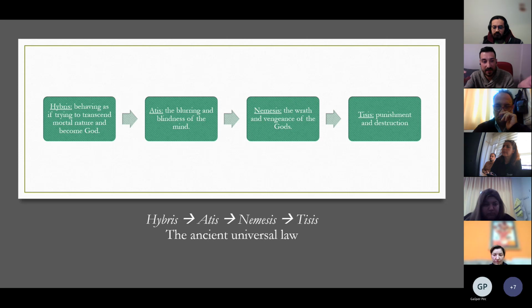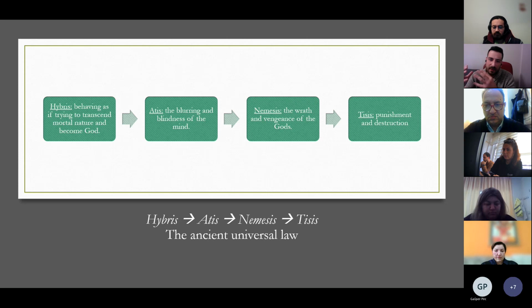And using these, let's say, four stages, we can say that the ancient Greeks believed that hybris usually caused the intervention of the gods, and especially Zeus, who was considered to be the king of the 12 gods. And then he sent Ate to the abuser, which was, let's say, the blurring and blindness of the mind.